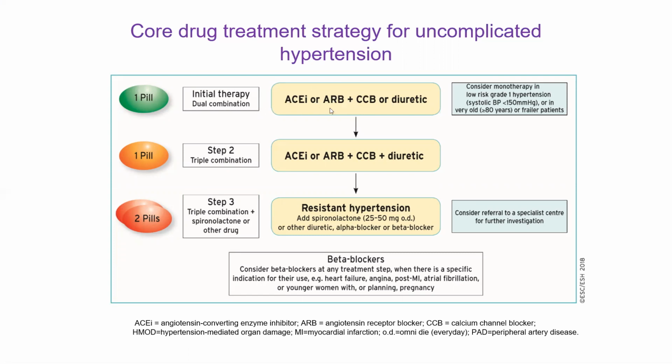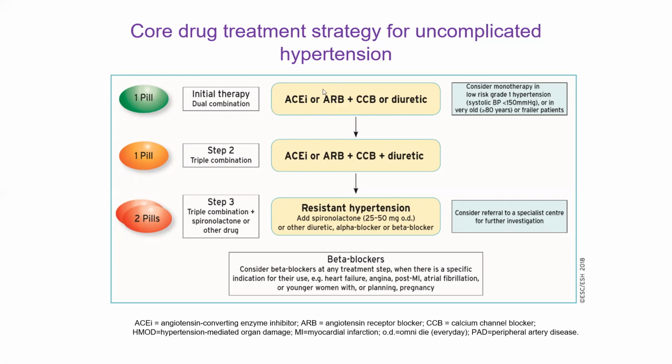Initial therapy, we start with RAS inhibitors or calcium channel blockers or diuretics. But most of patients have high risk of complications, and that's why in high risk patients, we use combination of 2 medications.